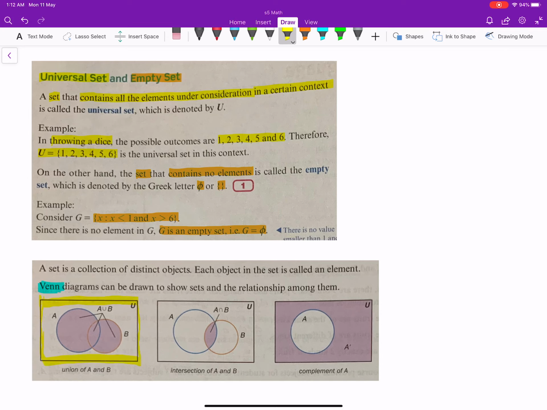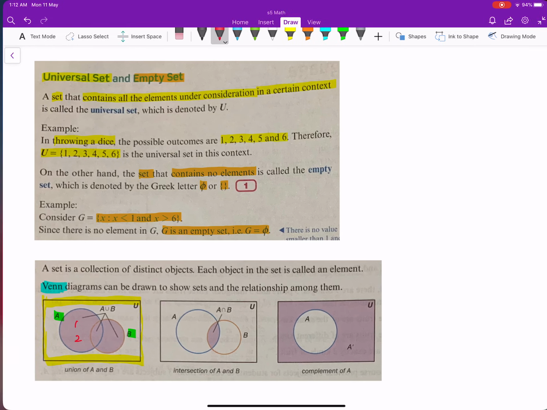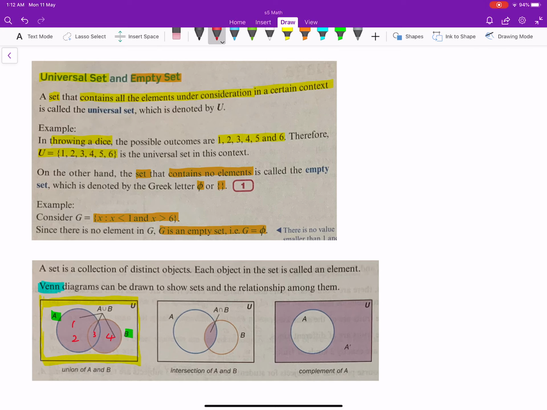And the sets here you have A and B. And these are the elements inside A, then you have some elements. For example, you have 1, 2, 3, and 4. So for this case, A will have 1, 2, 3, right? And B, you will have 3, 4.